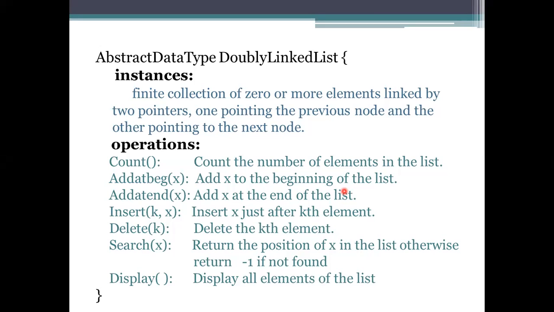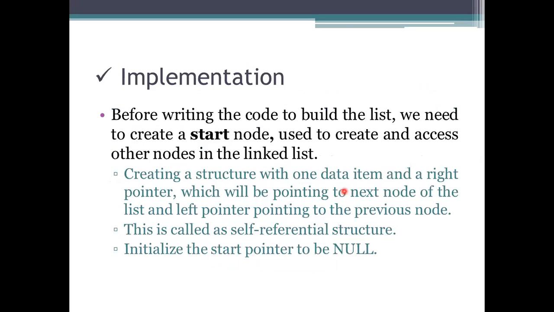If you want to delete a particular element, simply delete it. Or you can delete at the beginning, specified as delete the head, or delete the tail. Then traversing and the searching operation: if the element is there, it will display that it is there and its position. If it is not there, it returns element not found or -1.